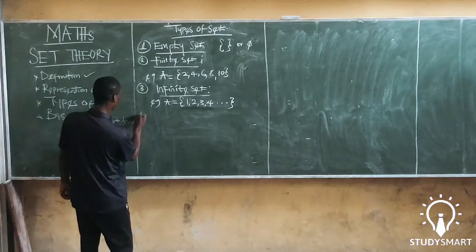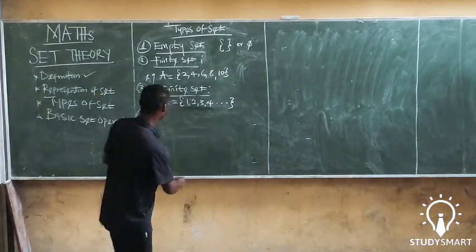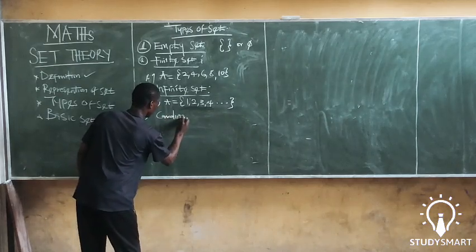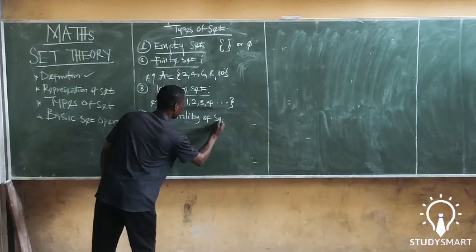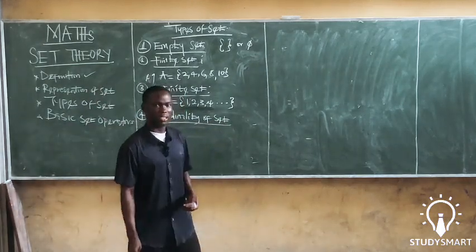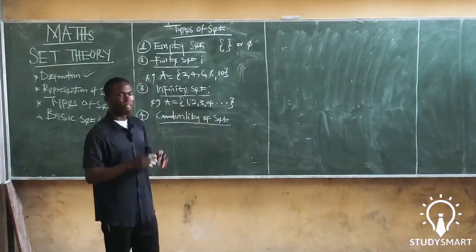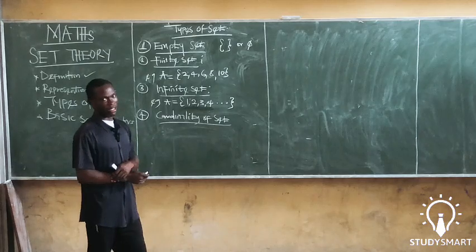So we have the fourth type of set: the cardinality of sets. The cardinality of a set talks about the total number of elements in a set.